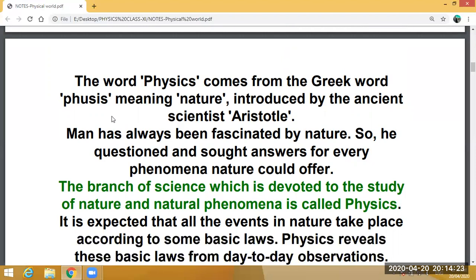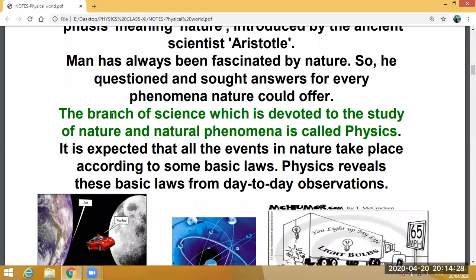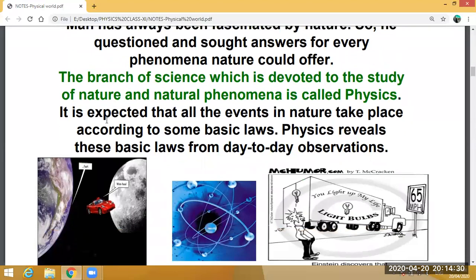Physics reveals these basic laws from day-to-day observation. When you observe any phenomenon very minutely, then you will conclude that every phenomenon in nature undergoes by obeying certain basic laws. And those laws become the laws of physics and laws of nature.